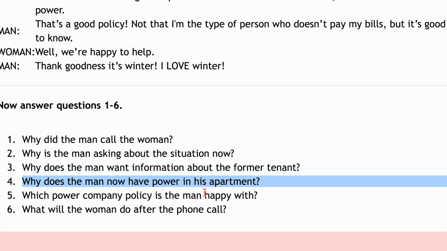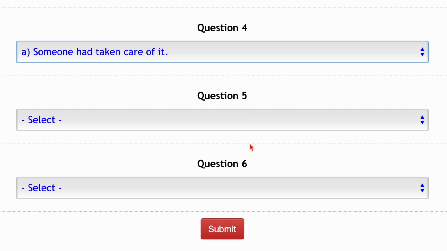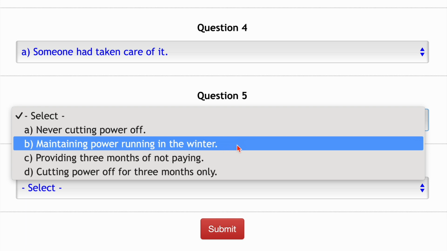Okay, number 5. Which power company policy is the man happy with? So something about the company, some policy. Never cutting power off. I remember them talking about not cutting the power off, but was it never? Maintaining power running in the winter.